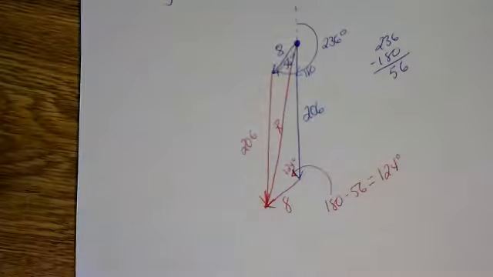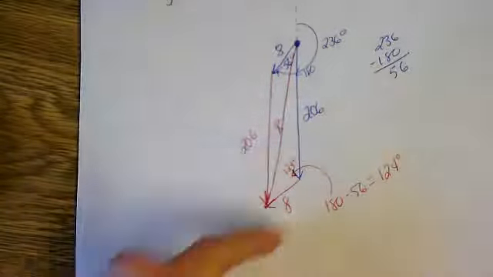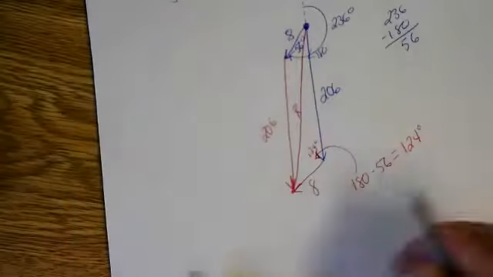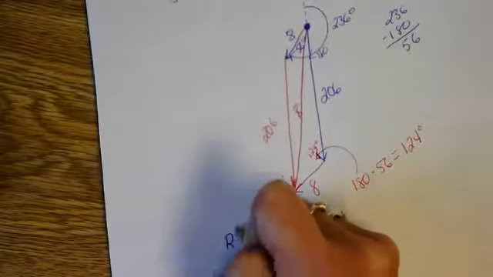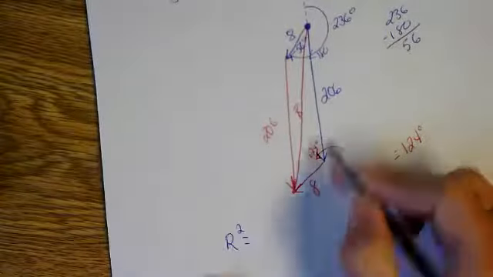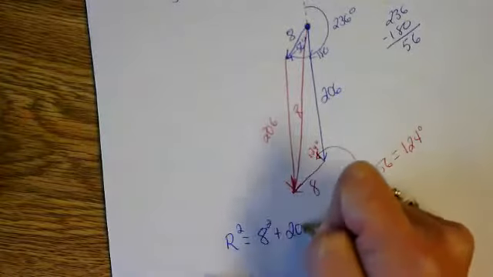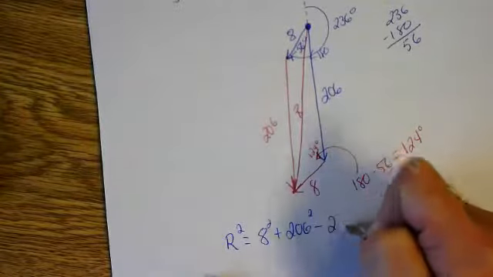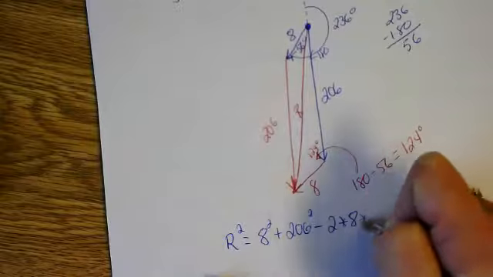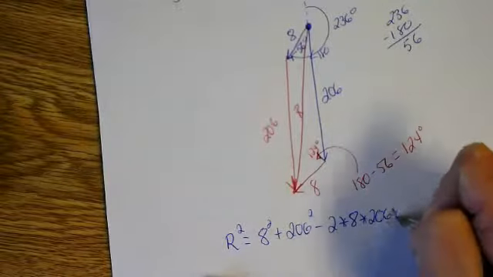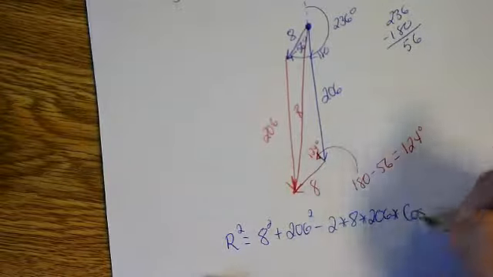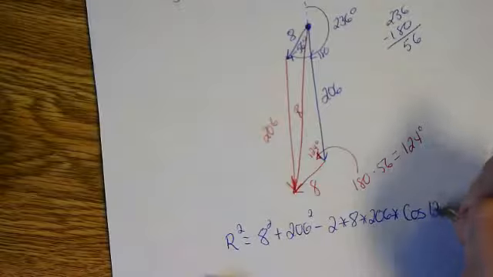So we can find out how fast the plane is actually moving, finding that ground speed by doing law of cosines. So r squared equals those two squared and added minus 2 times the 8 times the 206 times the cosine of 124.